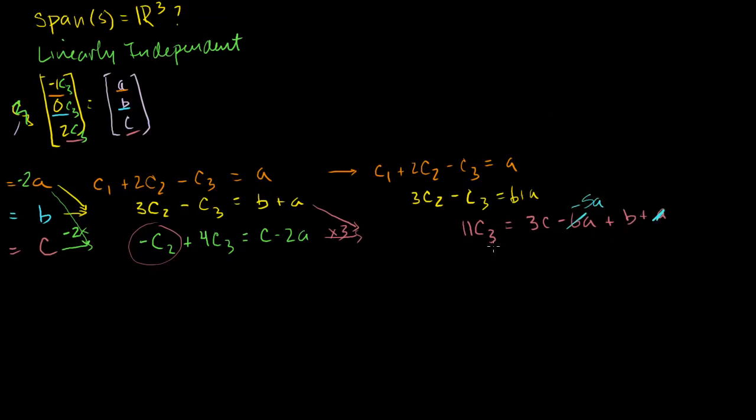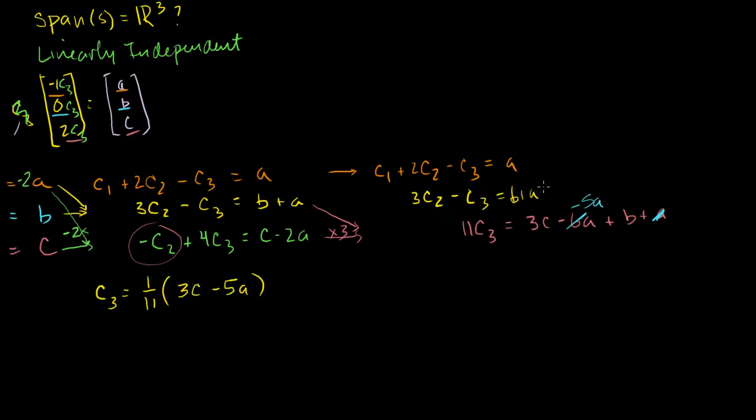So if we divide both sides of this equation by 11, what do we get? c3 is equal to 1 over 11 times 3c minus 5a. So you give me any a or a c, and I'll already tell you what c3 is. Now, what is c2? c2 is equal to, let me simplify this equation right here.